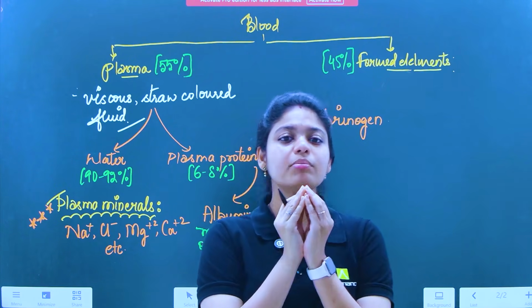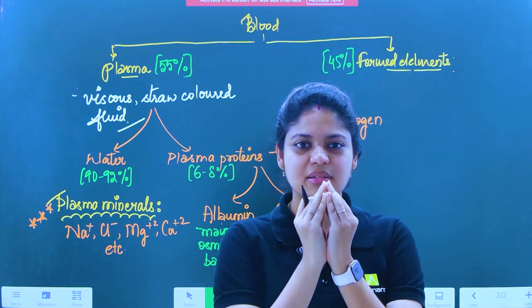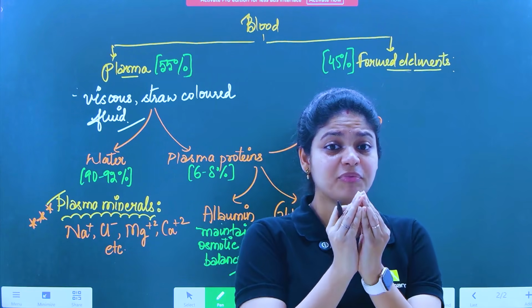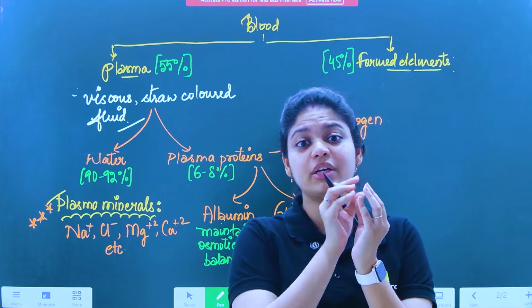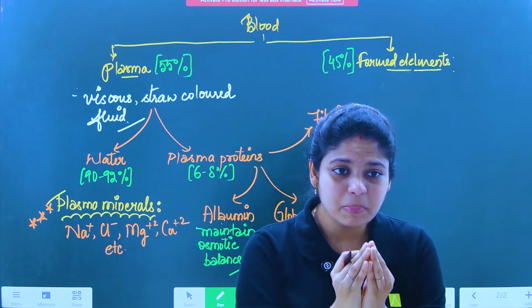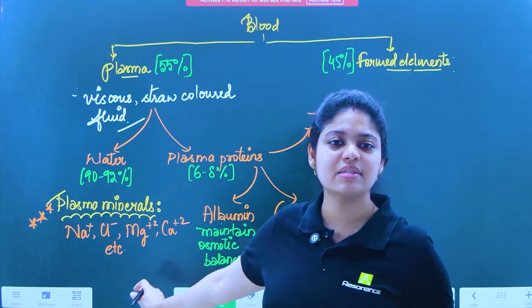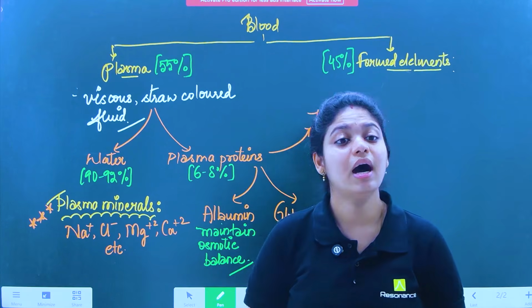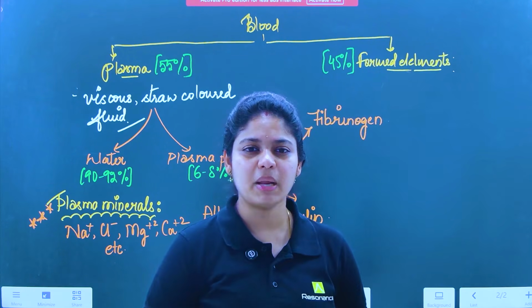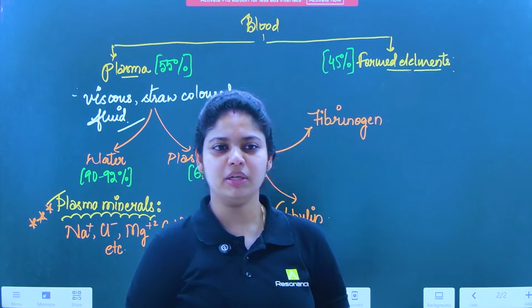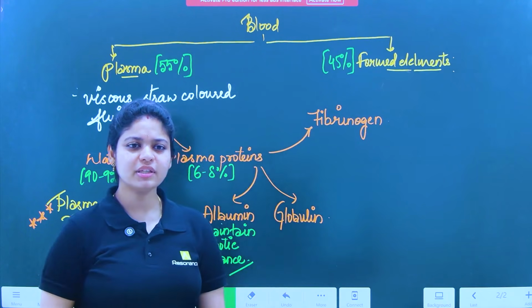How much amount of water should be there in the cell? If the cell becomes heavy with water, it has to go out. This maintenance of osmotic balance is because of the plasma protein albumin. Got it, Aditya?